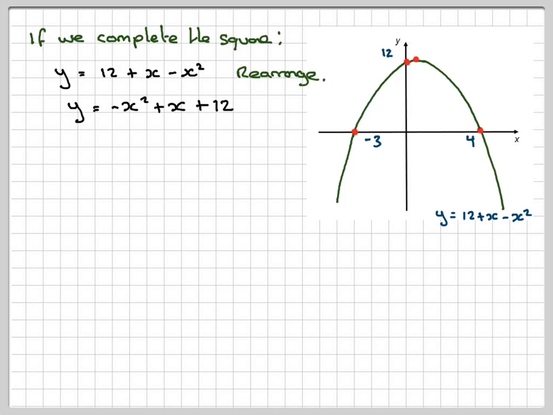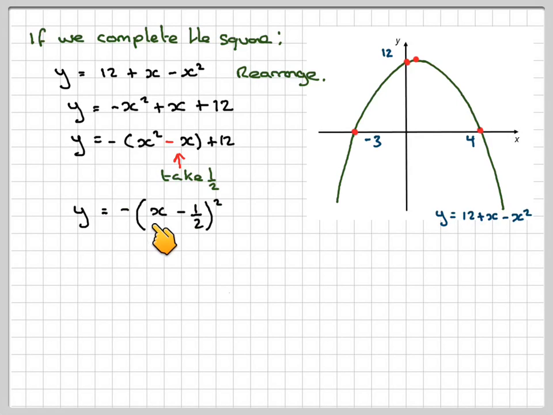Before we actually complete the square, we will rearrange it as y is equal to minus x squared plus x plus 12. Then we look at these first two terms, and we'll take out a minus sign, so it'll become minus, x squared minus x, plus 12. Okay, we'll take half of the minus 1 here, which is minus a half, and write it as minus, brackets, x minus a half all squared, plus 12.